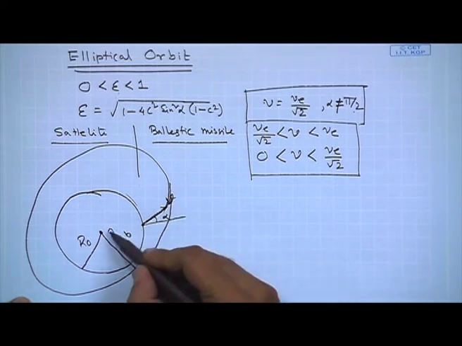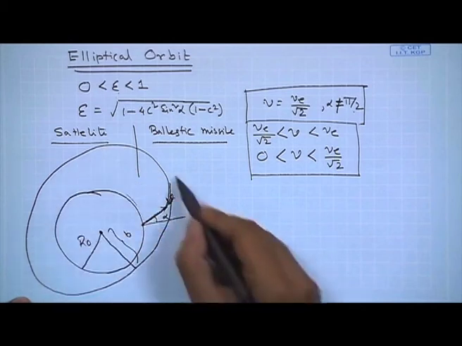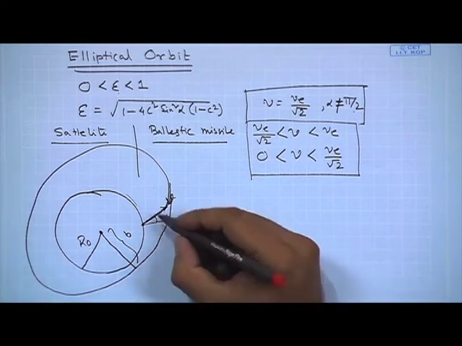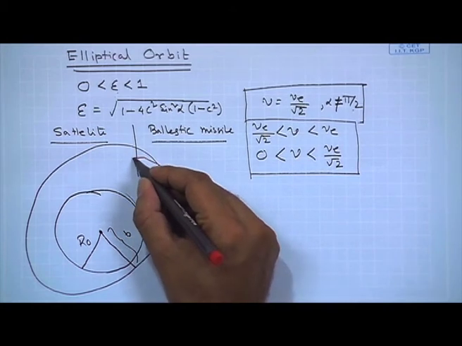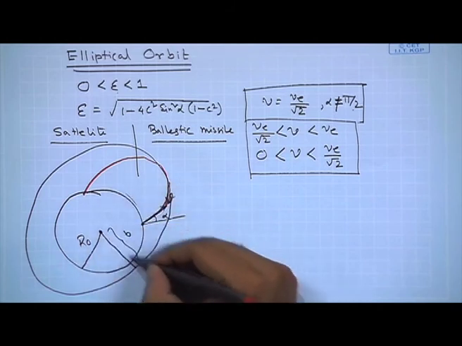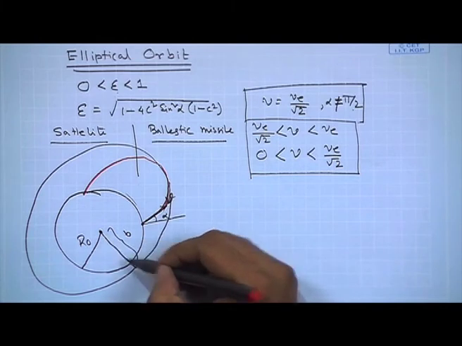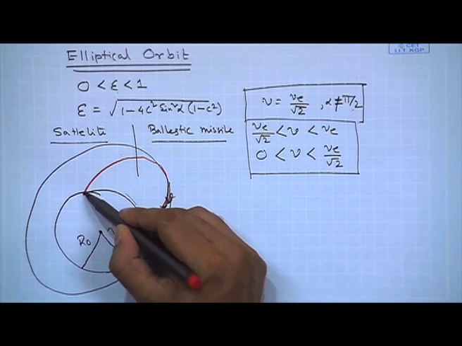If your shortest R is greater than B, only then can it continue on this orbit and we have a satellite. But on the other hand, if after launch this condition is not met, and the length of this semi minor axis is not greater than the shortest distance r0, which is the shortest possible approach to the Earth's surface, okay, then it will come back and hit the Earth's surface at some point, right.